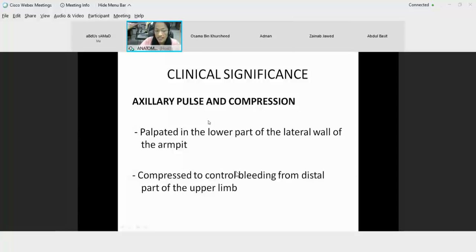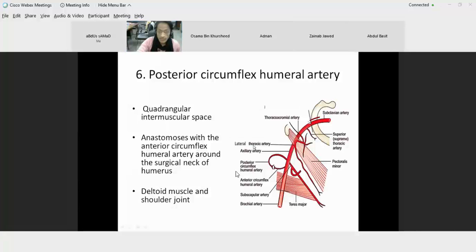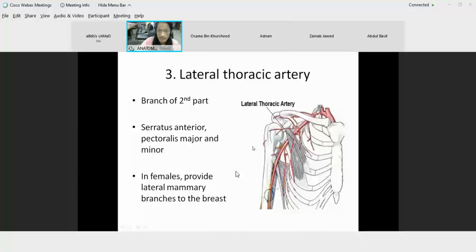Brachial artery. Yes, brachial artery. So, to control bleeding from the distal part of the upper limb, if we apply pressure at the lower part of the lateral wall of the axilla, the bleeding will stop. Okay, that is about axillary artery.